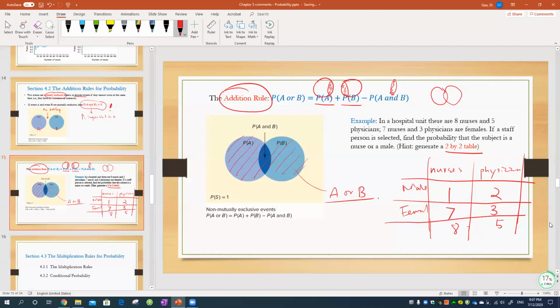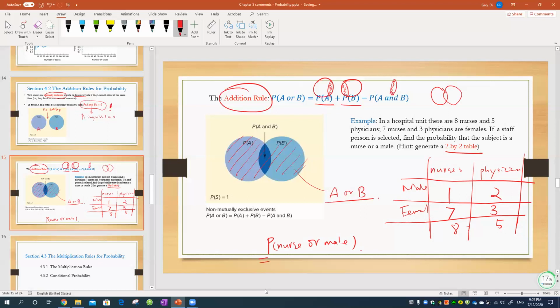If a staff person is selected, we want to find the probability that the subject is a nurse or a male. Probability of A or B. So let's write it here. Then we can use this addition rule.